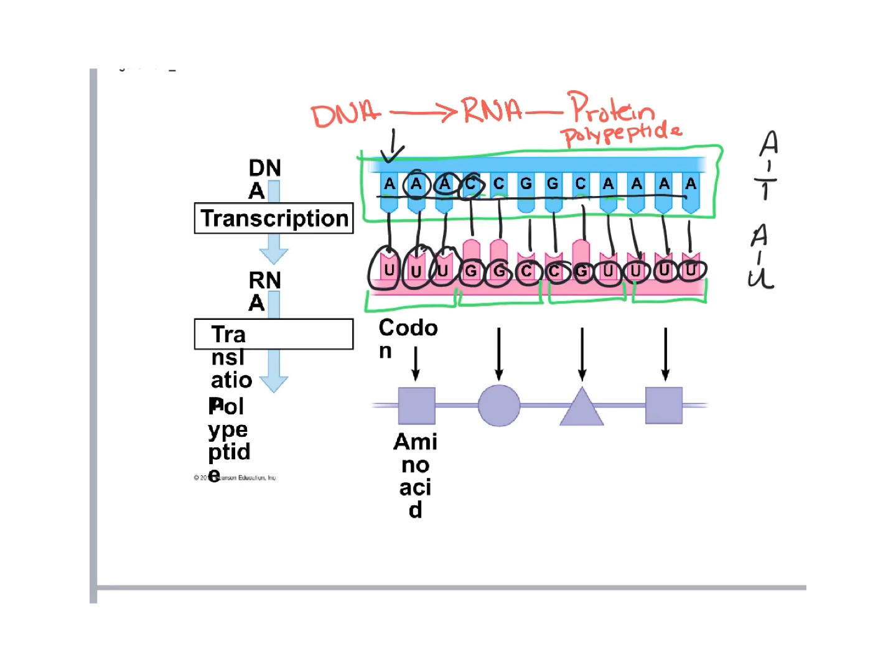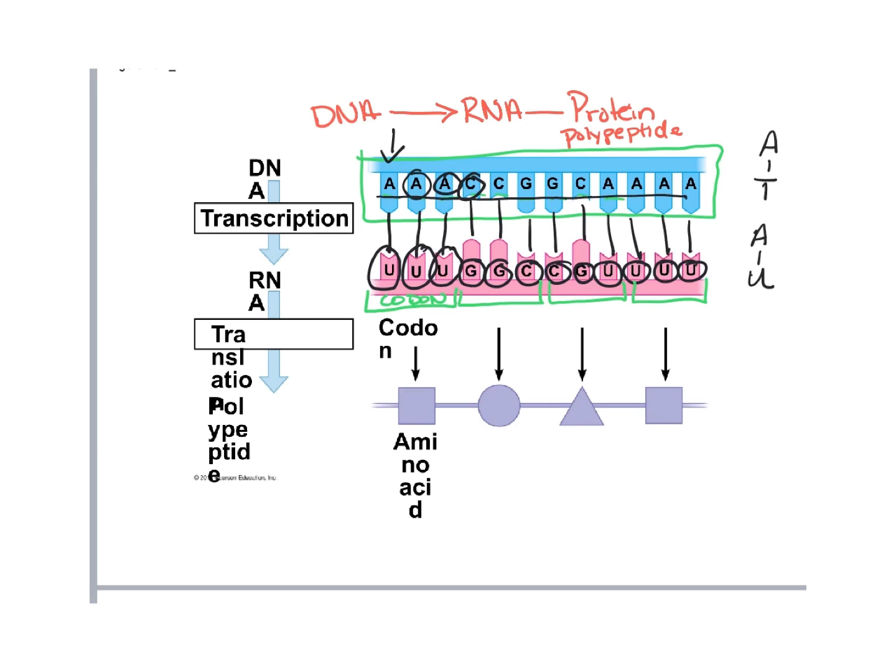So U, U, U is a codon. What that means is it's going to code for a specific amino acid, saying this specific amino acid goes right here in the first position. And then GGC codes for another amino acid to be brought and put in the second position, and so on. We'll go through this a little bit more in the next slide.